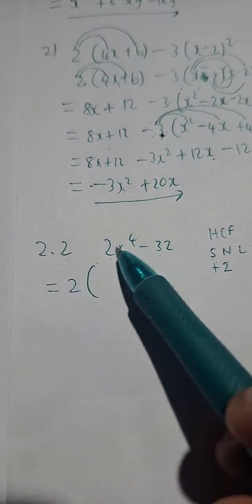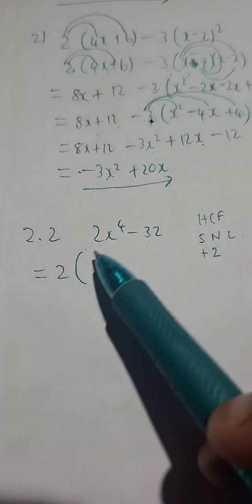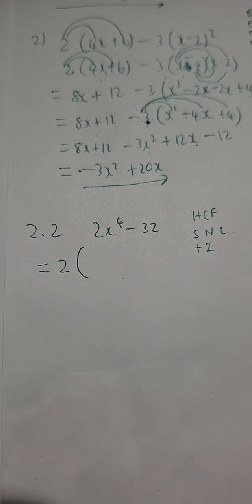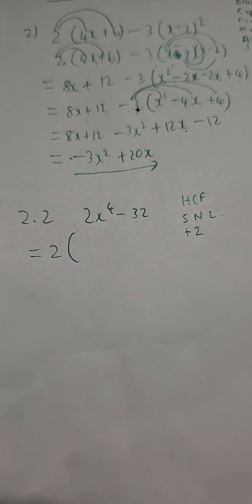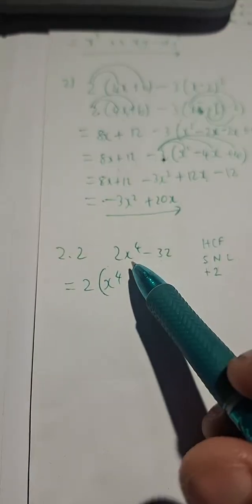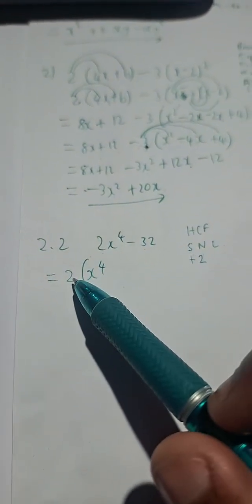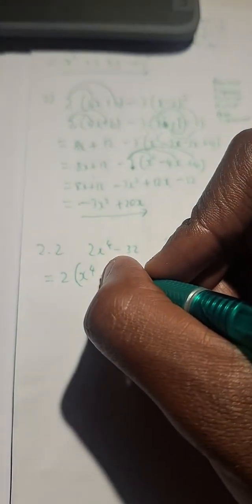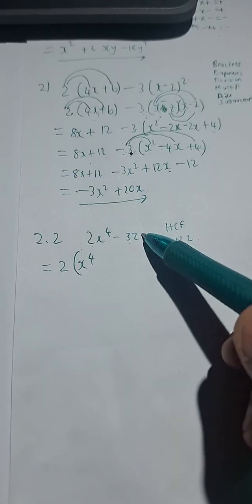So if you take out the 2, what's left inside the bracket for your first term? X to the power 4. Thank you. And then what's left for your last term? 2 times what gives us negative 32?